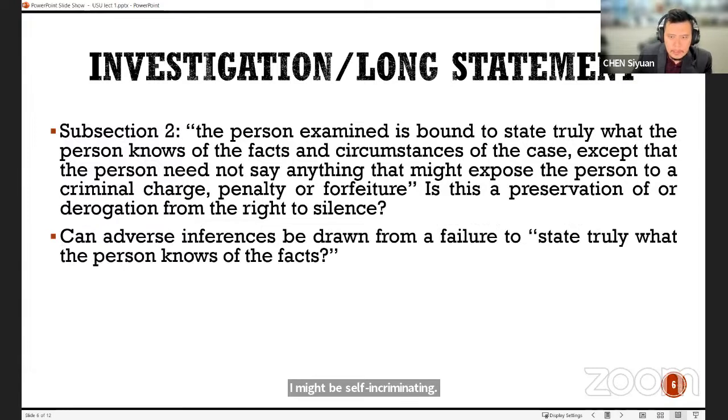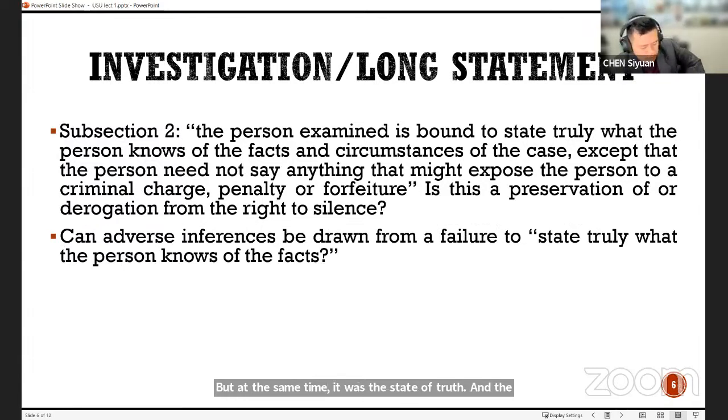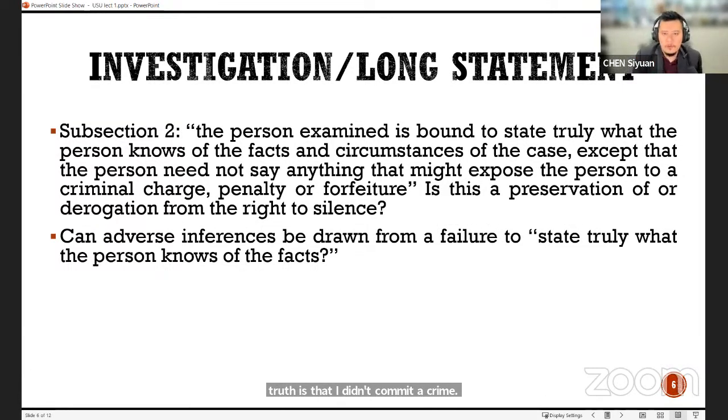All right. So now we come then to the idea of adverse inferences, which is related to right to silence. So how right to silence works together with adverse inferences is as such.